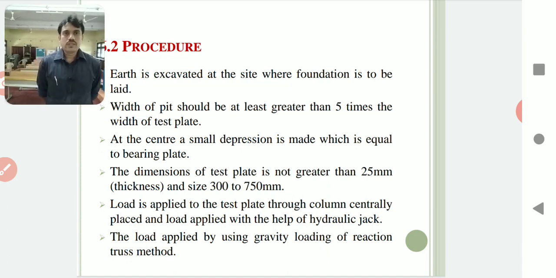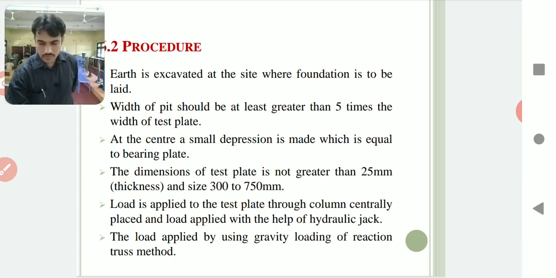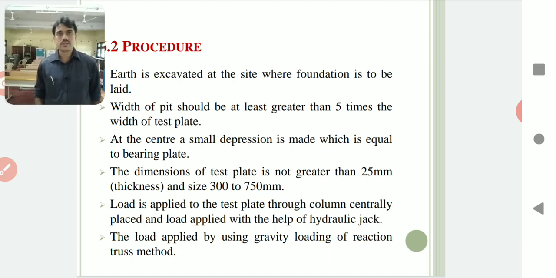First one is, earth is excavated at the site where the foundation is to be laid. That means the place at which we have to calculate safe bearing capacity or ultimate bearing capacity, at that site we are going to excavate up to foundation level. So the width of the pit should be at least greater than 5 times the width of the test plate.